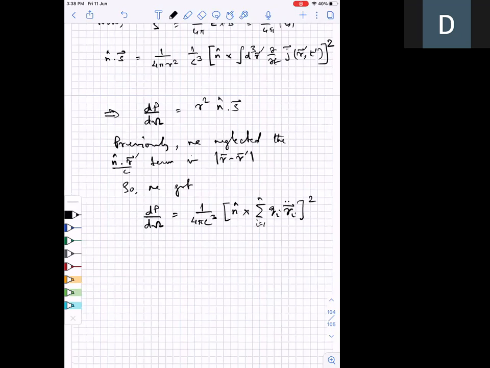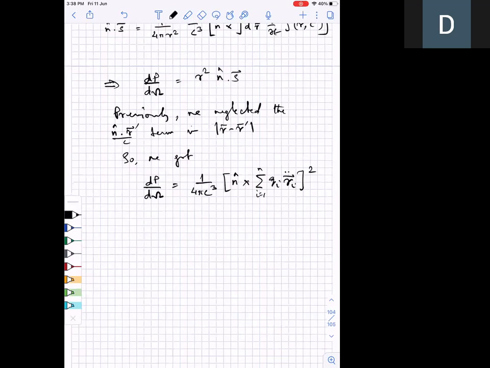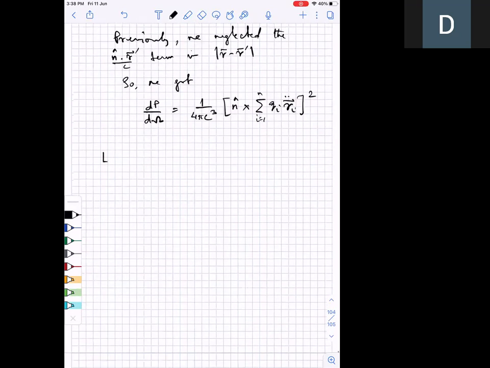So when you include this, let me define t prime as t local, t of the charges, which is the same for all the charges. Just define it like this.